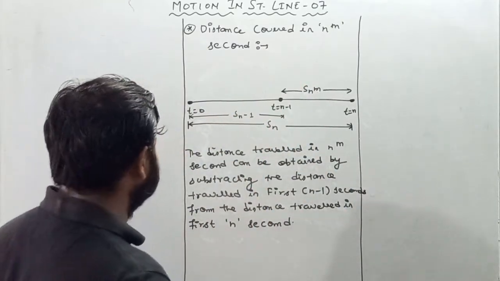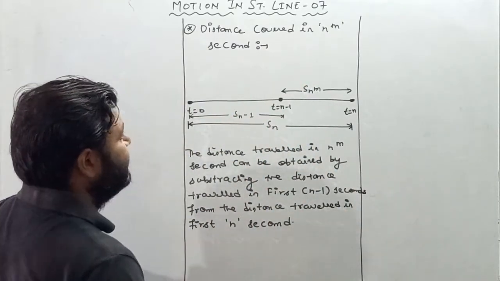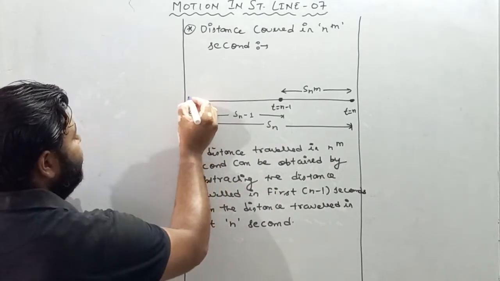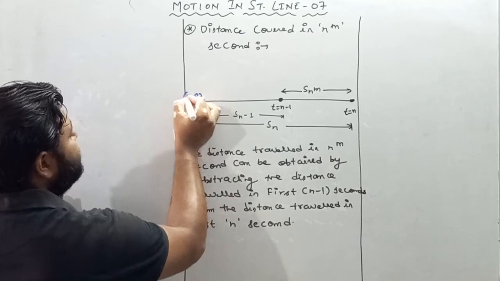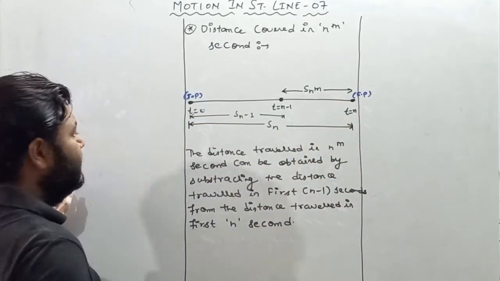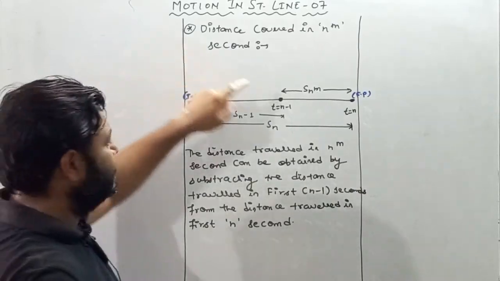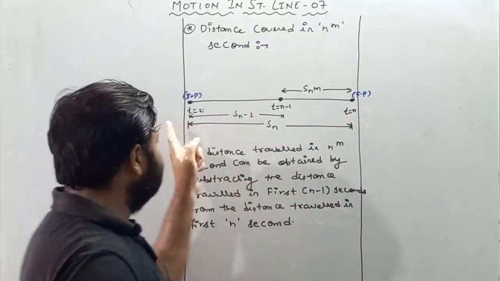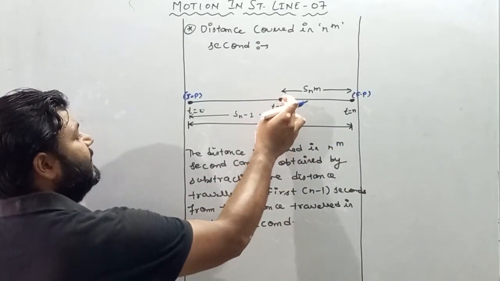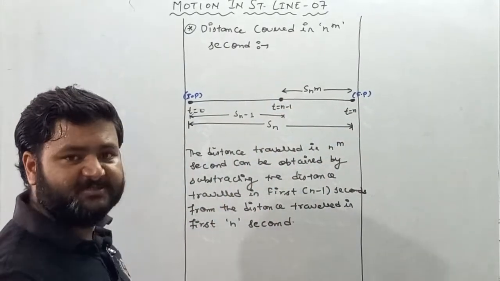So here I'll make a diagram. In this diagram I'll mark 3 points. Let's suppose this is our initial point and this is our final point. So time is from t is equals to 0 to t is equals to n. Between t is equals to 0 and t is equals to n, I'll take one more time: t is equals to n minus 1.